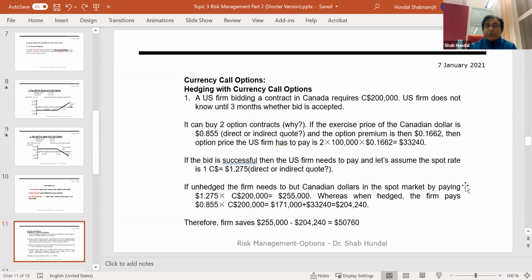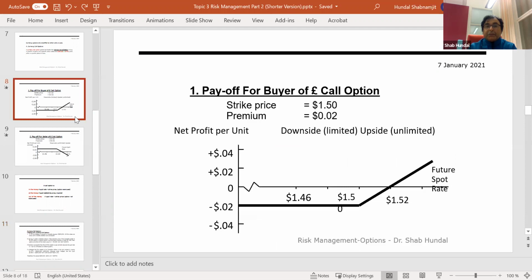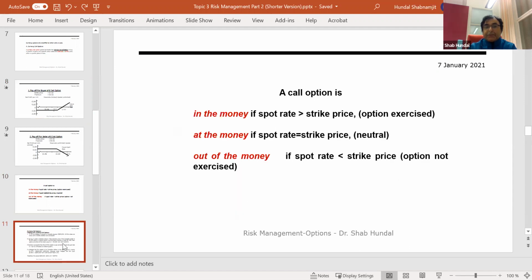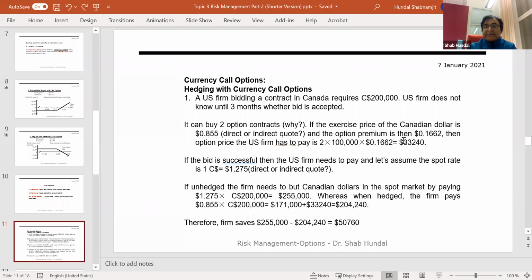Canadian call option contract. Now, if you remember this example, when you are a buyer of a call option, the maximum loss is the option price or the option premium. It means that in this example, the maximum loss which the American company can have is 33,240.